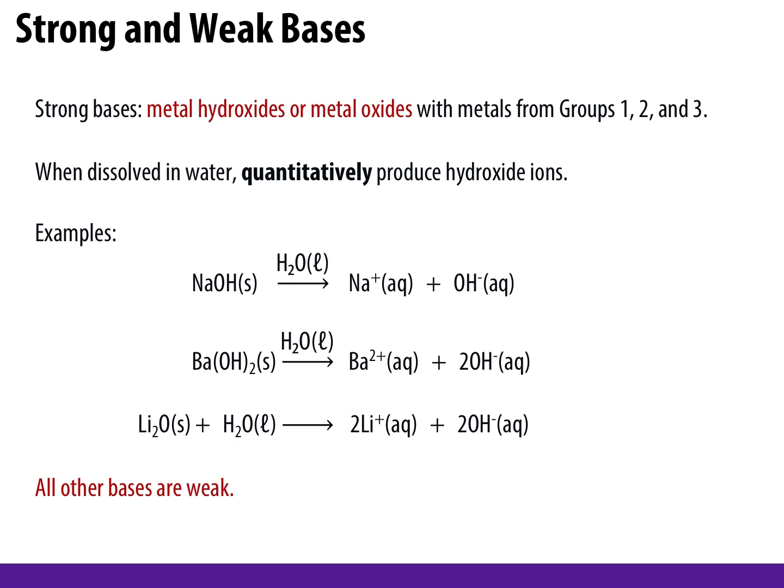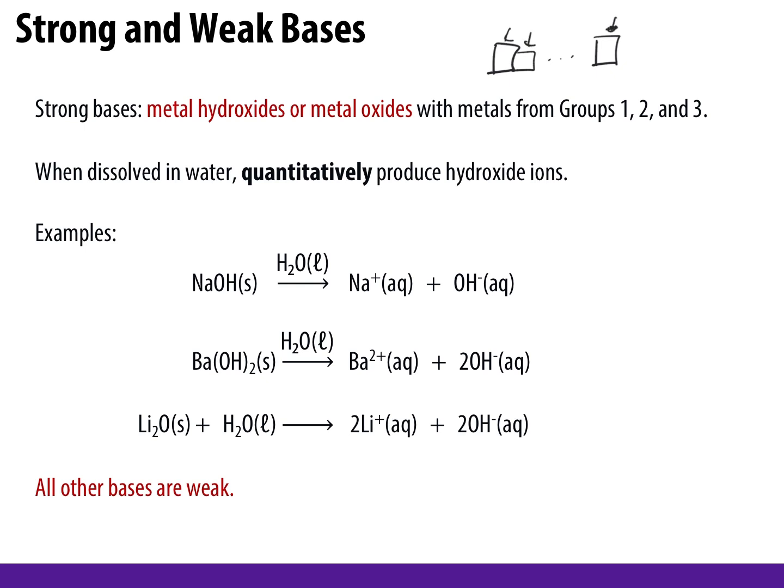For strong bases, it's a little bit more complicated. We have this definition: metal hydroxides or metal oxides, where the metals are going to come from groups 1, 2, and 3. Again, that's based on the column of the periodic table, group 1, group 2, and then across the transition metals, group 3.